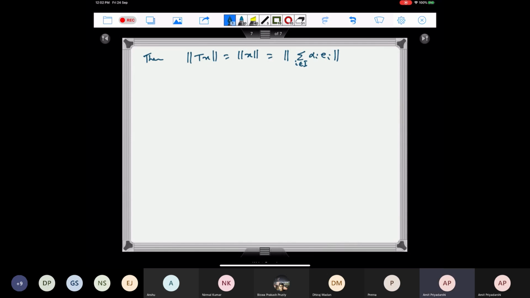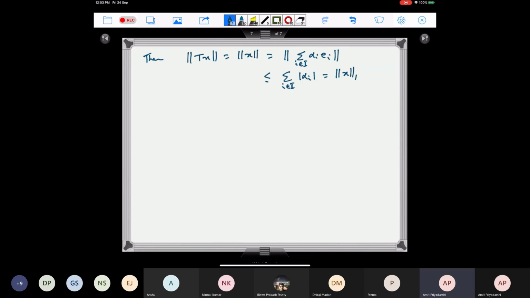where again this is just a finite sum, and this by triangle inequality is less than or equal to summation i in I mod alpha_i, because norm of e_i is equal to 1. So this is just summation mod alpha_i. And what is summation of mod alpha_i? This is norm x_1. So we see that norm of Tx is less than or equal to norm x_1.